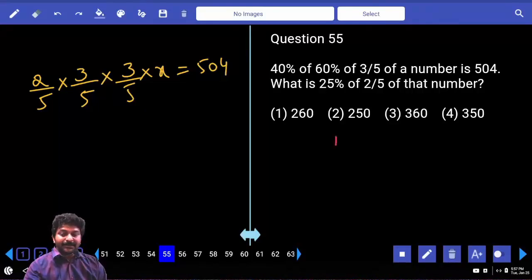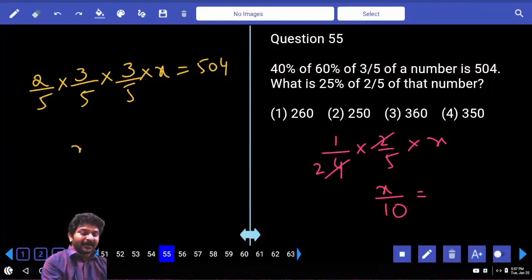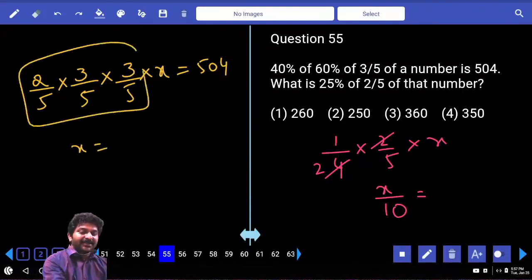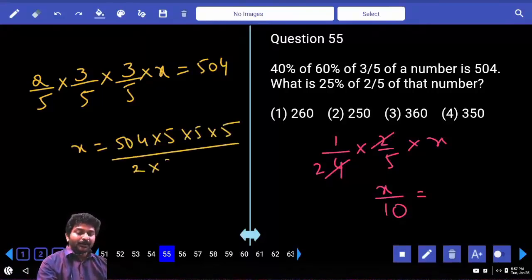Let's write that also. 25% is 1/4 of 2/5 of x. 2 how many times? 2 times. That means x by 10 value we want to calculate, correct? Yes. So let's calculate the x value first of all. x is equal to, these 3 fractions go to the other side and become 504 into 5 into 5 into 5 by 2 into 3 into 3, correct?